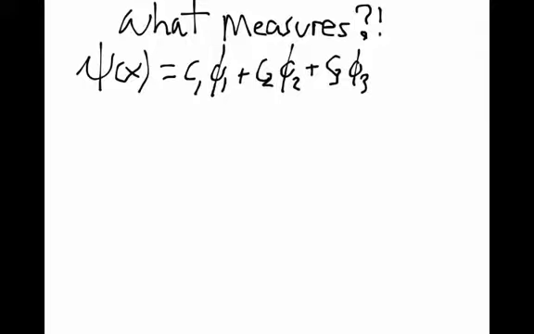We're going to express psi of x as what we call a linear combination, a sum of other functions. Phi1, Phi2, Phi3 are the functions, and C1, C2, and C3 are coefficients of those functions. So Phi1, Phi2, Phi3 are functions of x. They change as x changes. C1, C2, C3 are constant coefficients.